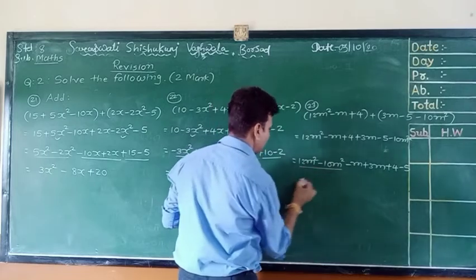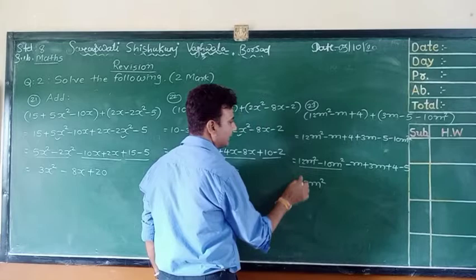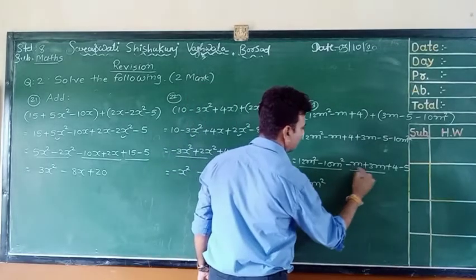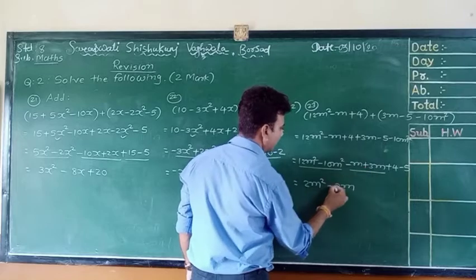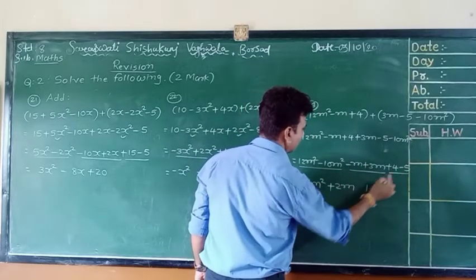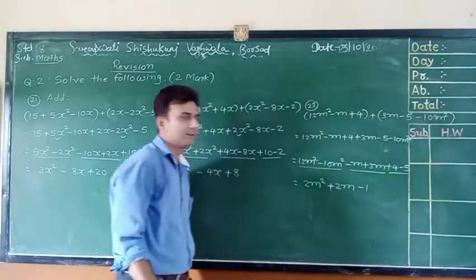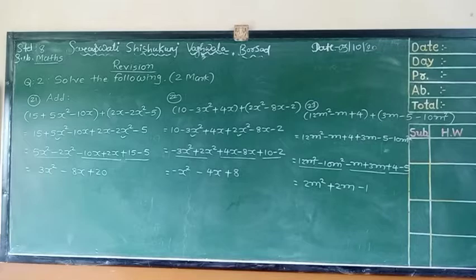So here 12 minus 10 is 2m square, bigger digit sign plus. Here minus 1 plus 3 is 2m, bigger digit sign plus. Plus 4 minus 5 is 1, bigger digit sign minus. So this is how we can do addition of algebraic expressions.